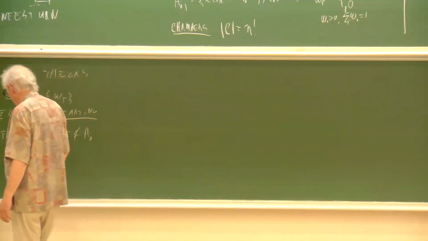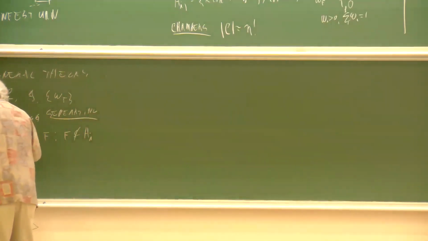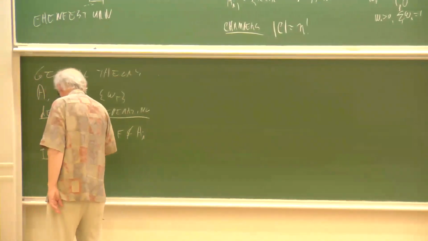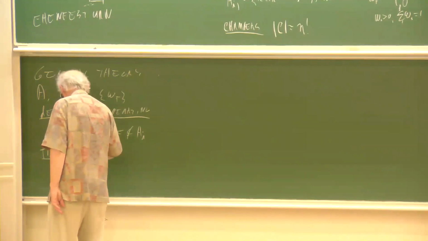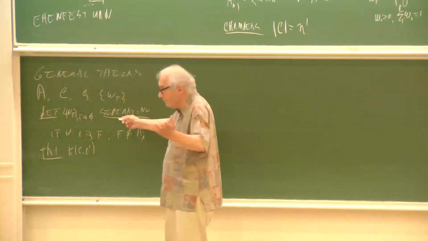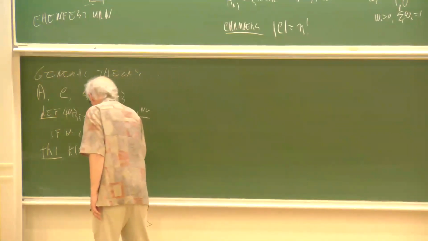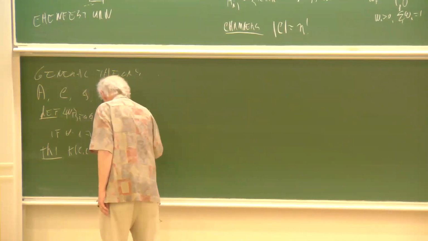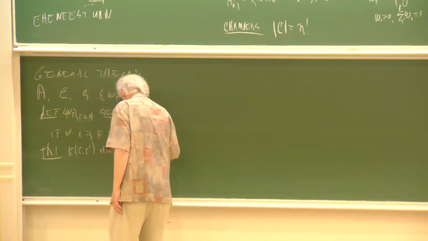Okay, so here is theorem 1. This Markov chain K of C, C prime that I defined with these face weights, and still they're arbitrary, has a unique stationary distribution.